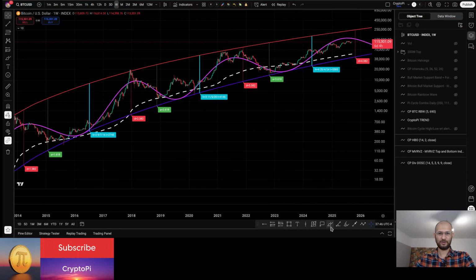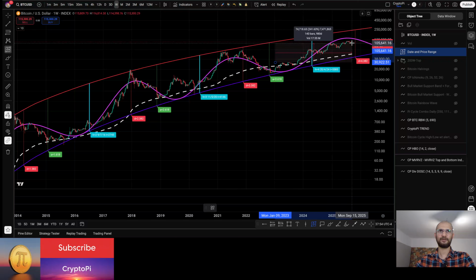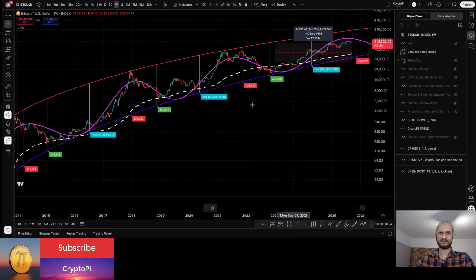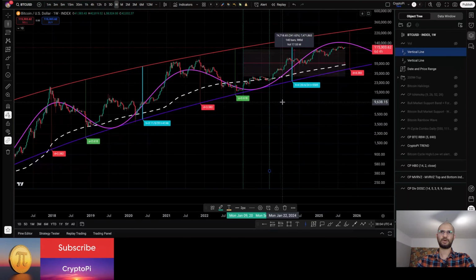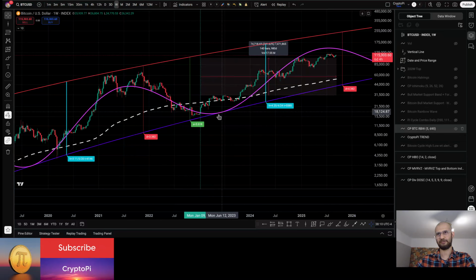So when did we start? Let's mark this one over here. We have been in 140 weeks since, if we consider this as the start of the bull market. So I consider the start of the bull market whenever the Bitcoin price crosses the purple line, the purple wave.